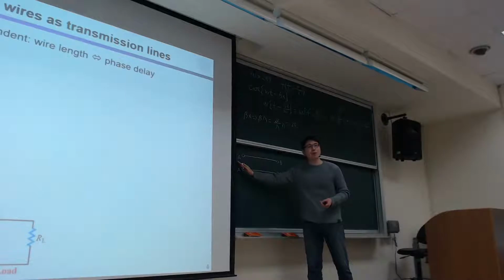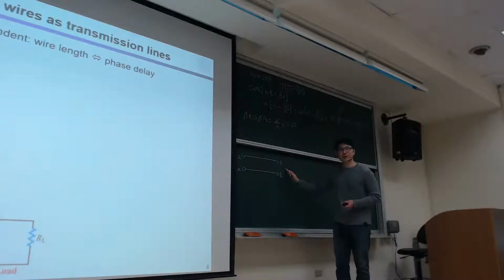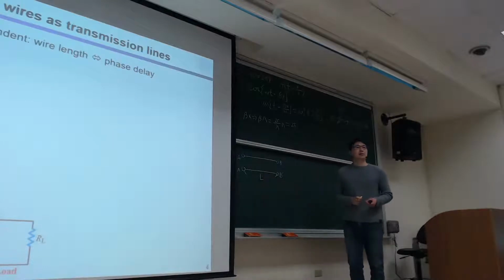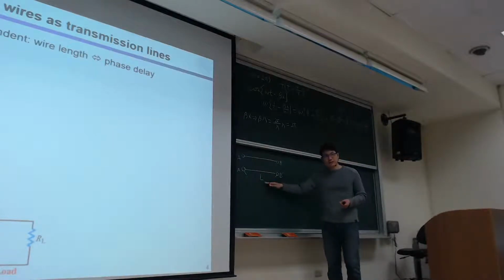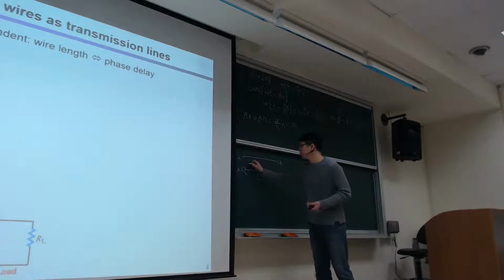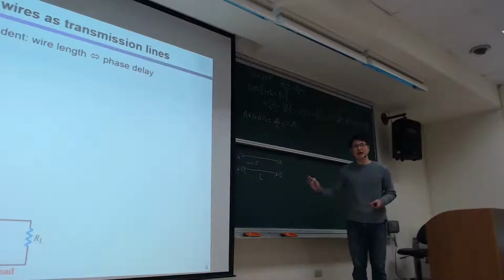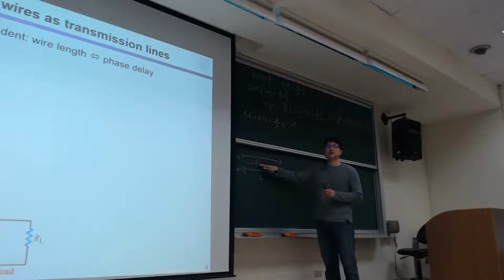I can call it the input port and the output port. So the length of the transmission line is L. And for some reason, because I'm being smart, I already know the wave propagation velocity on this transmission line. So assume the length and the velocity are both given.